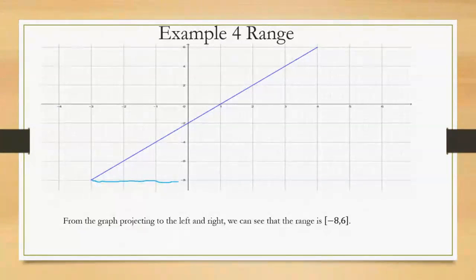So we're at -8, right? Keep doing this. We're a little below -6. Keep on going, horizontally like so. You're trying to get all the y values either to the right of the graph or to the left of the graph.